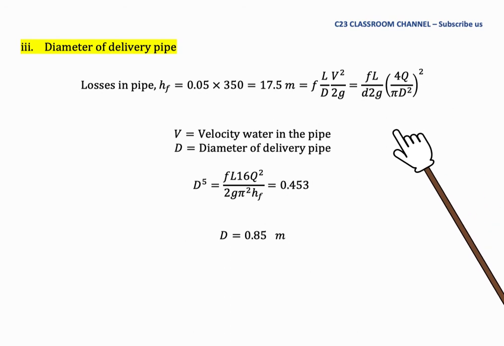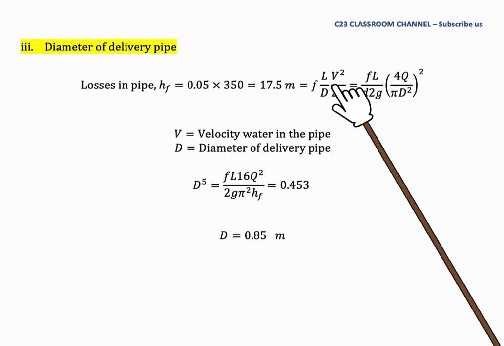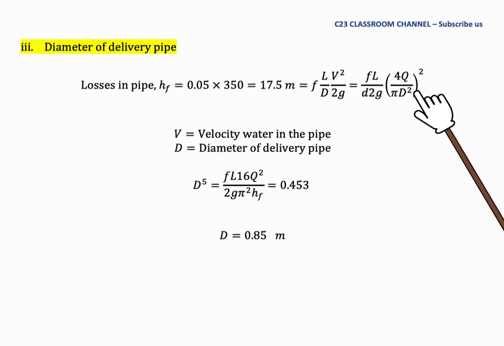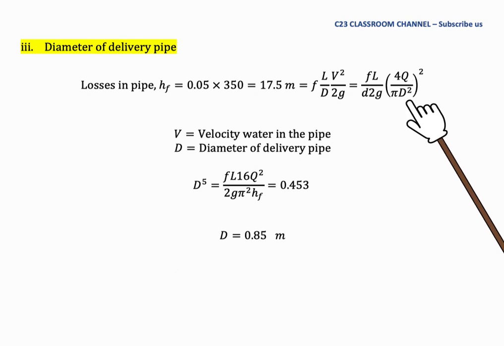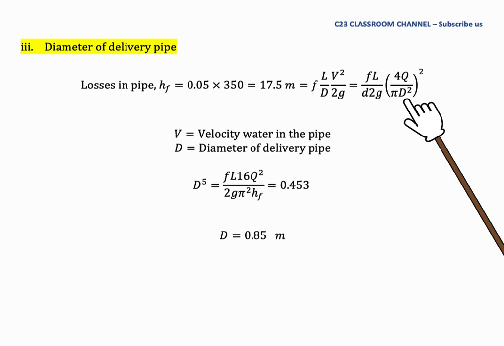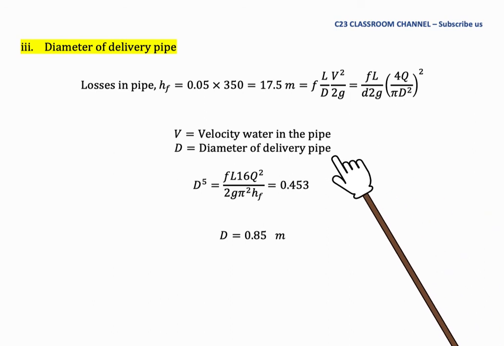Because flow rate is constant, the total flow rate inside the Pelton wheel is equal to the flow rate inside the delivery pipe. That is the conservation of mass. So we substitute the value of V square here with 4Q over pi D square, to the power of 2. And D here again is the diameter of the delivery pipe.